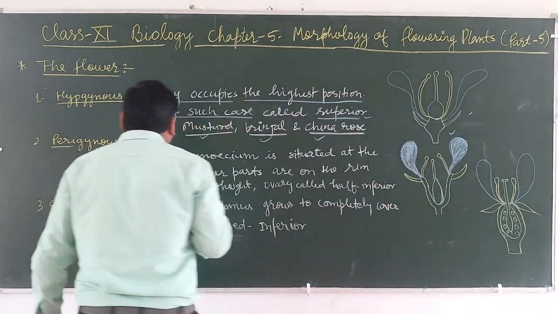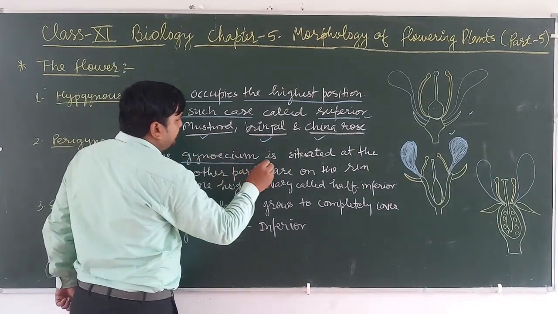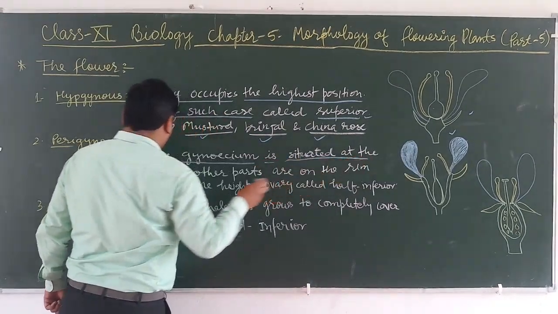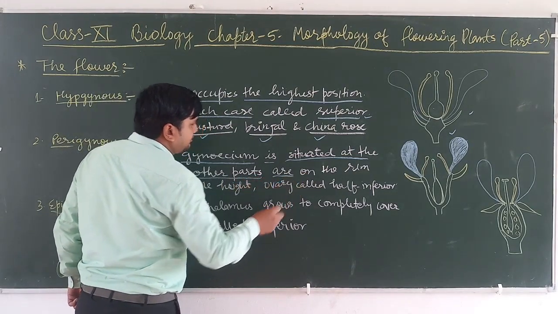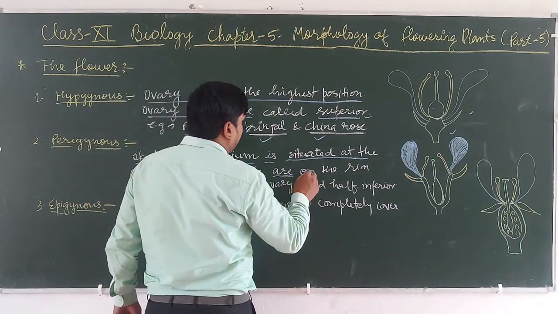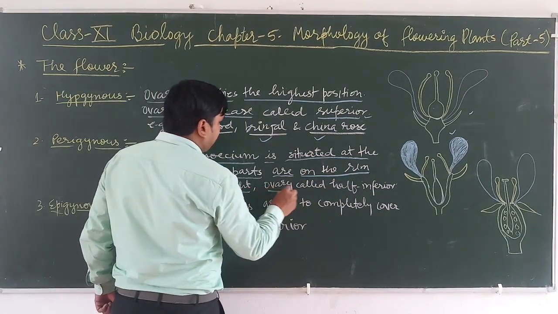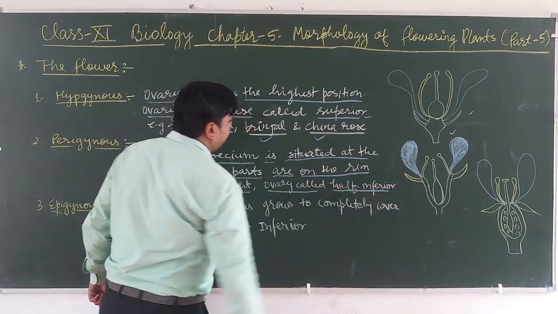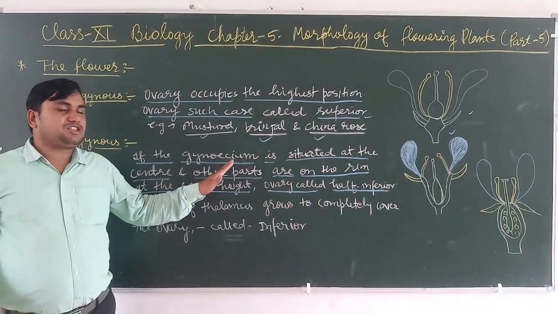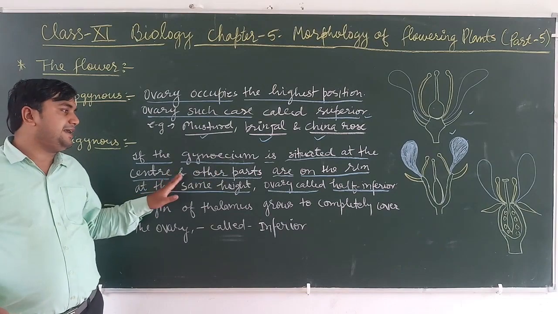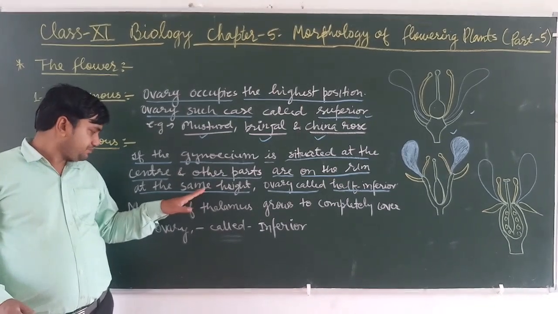In the perigynous flower, the gynoecium is situated at the center and the other parts are on the rim at the same height; that ovary is called half inferior. You can see the half inferior flower with the same height.